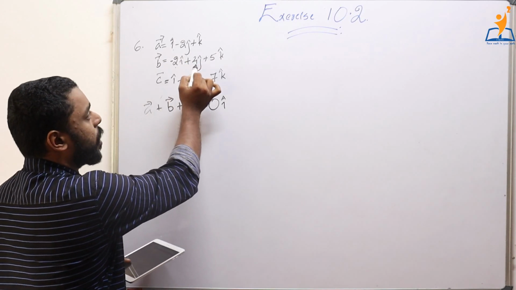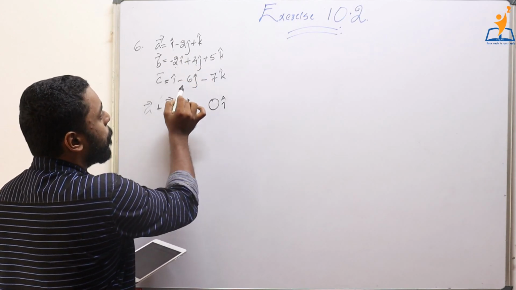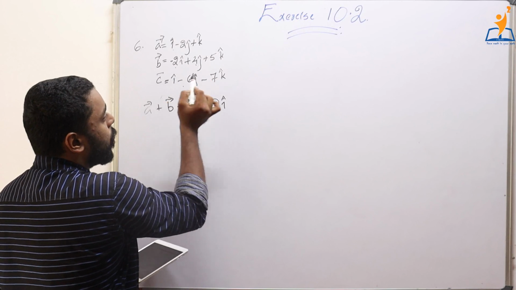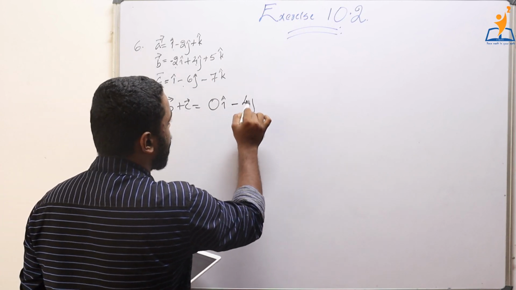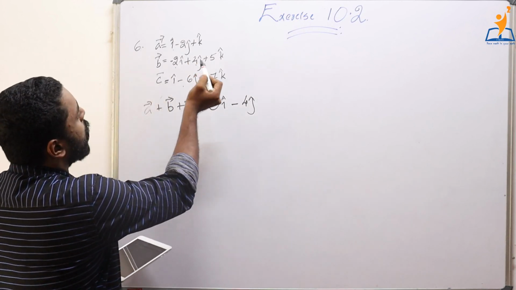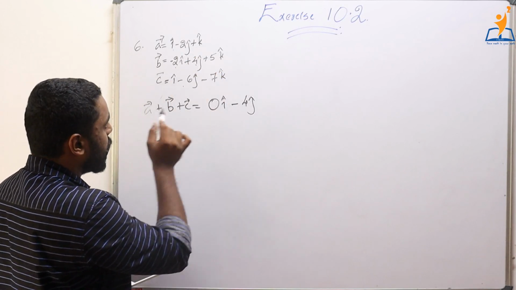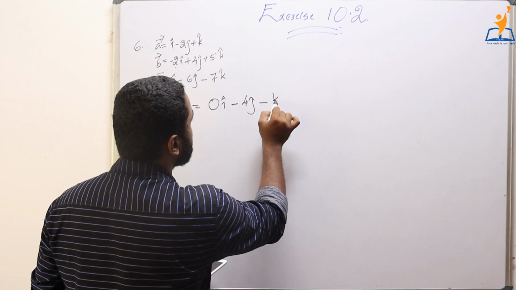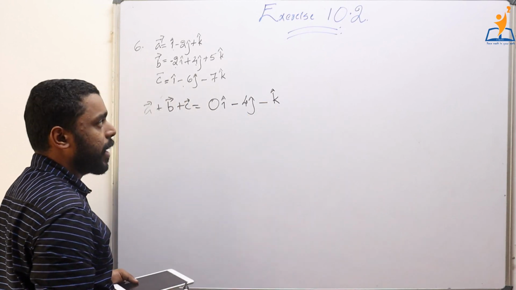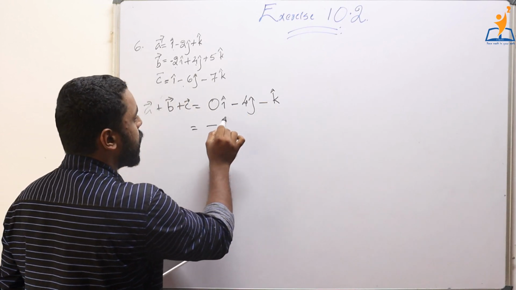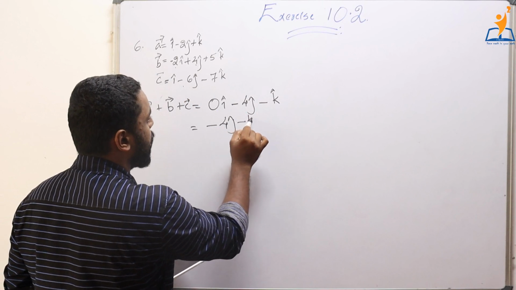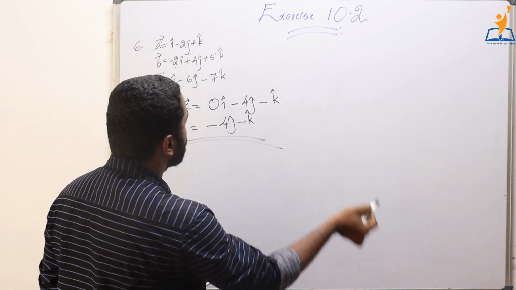For j cap, -2 + 4 - 6 = -4 j cap. Next one is 1 + 5 - 7, which is -1, so -k cap. So the answer is nothing but -4 j cap minus k cap. So this is the answer.